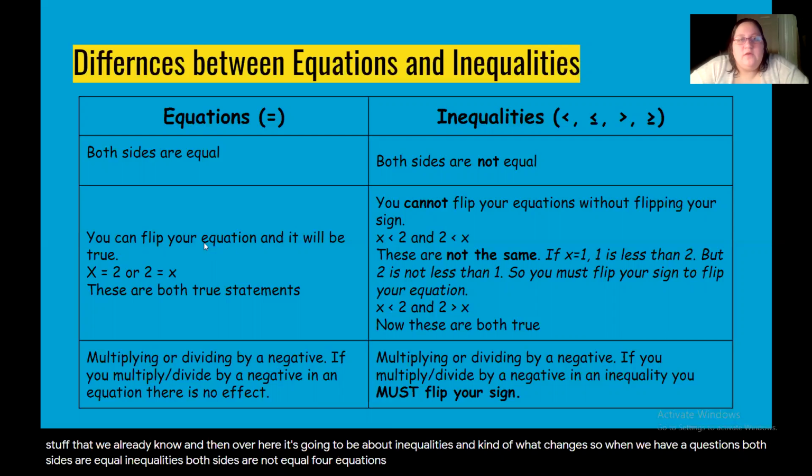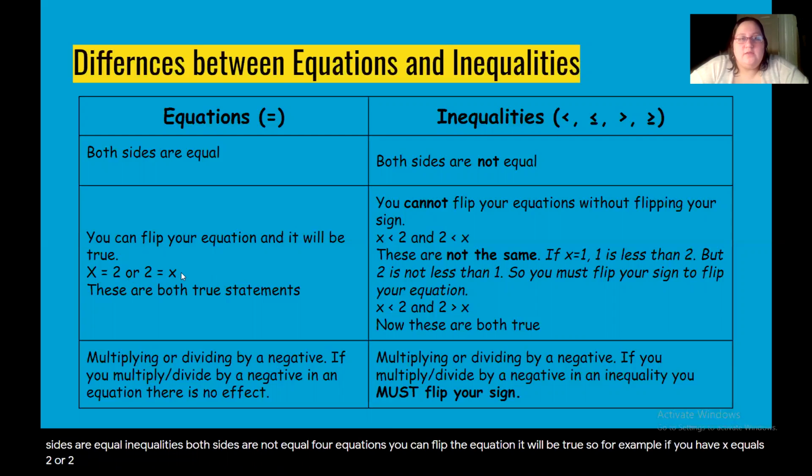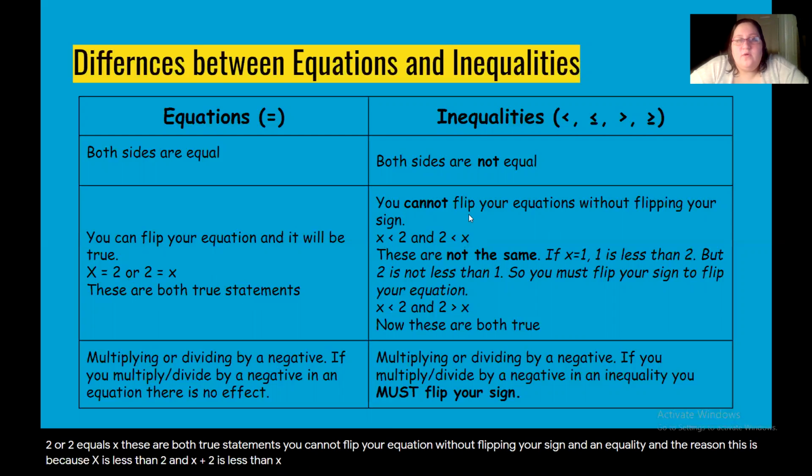For equations, you can flip the equation and it will be true. For example, if you have x equals 2 or 2 equals x, these are both true statements. You cannot flip your equation without flipping your sign on an inequality. And the reason is that x is less than 2 and 2 is less than x are both not true.